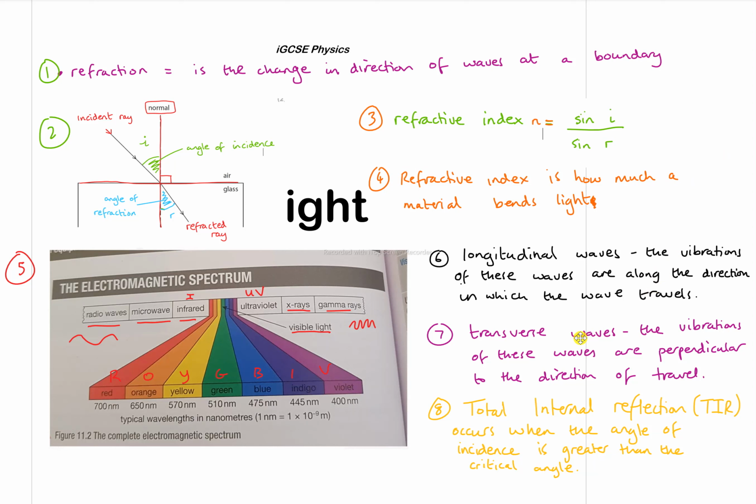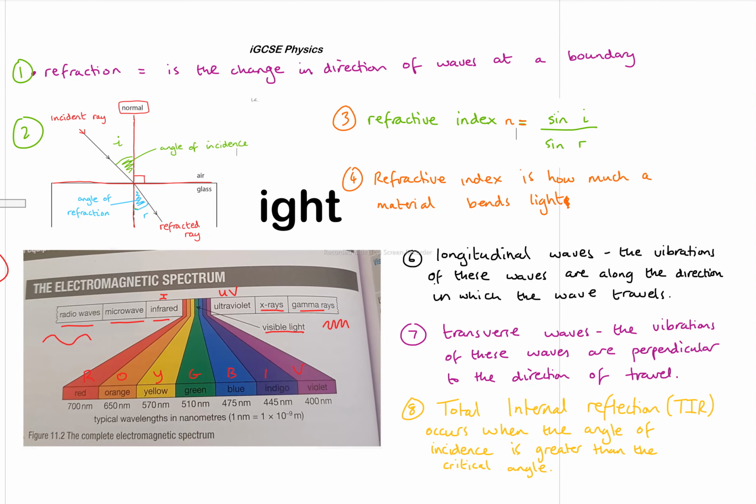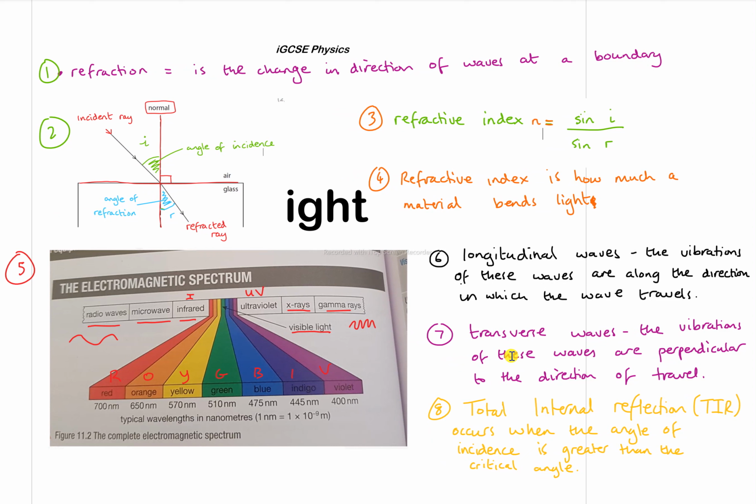Transverse waves are waves where the vibration is perpendicular, or at right angles, to the direction of travel. These definitions, you might as well just learn them word for word. They're just useful.